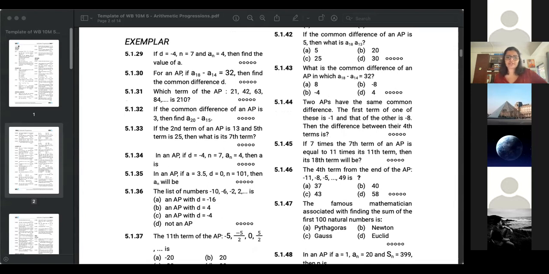Now look at question number 44. That's slightly different. So two APs have the same common difference. The first term of one of these is -1 and that of the other is -8. Then what is the difference between their fourth terms? It is a fairly direct question. It's just multiple steps. Like understanding the question, there shouldn't be any problem. So let's do it.